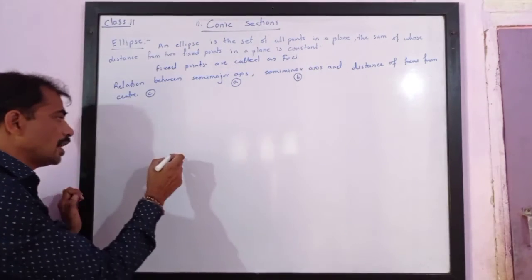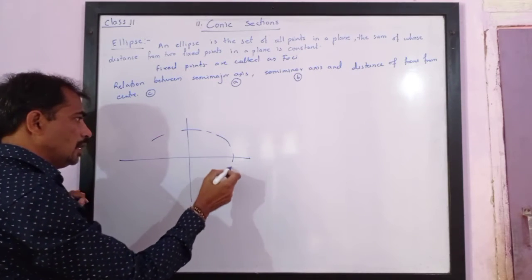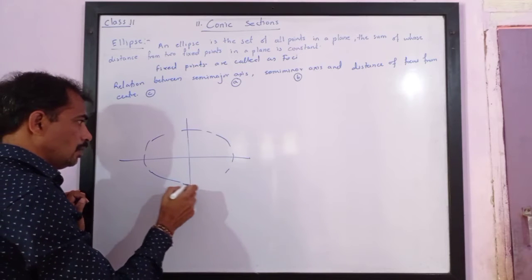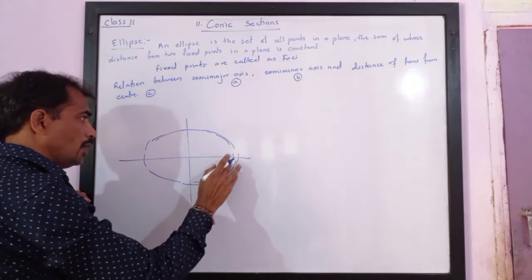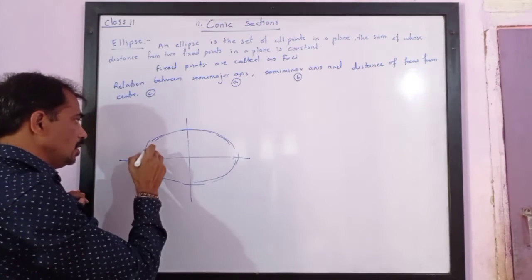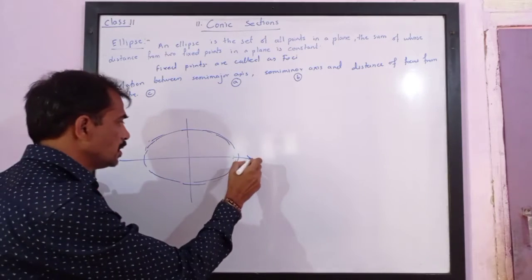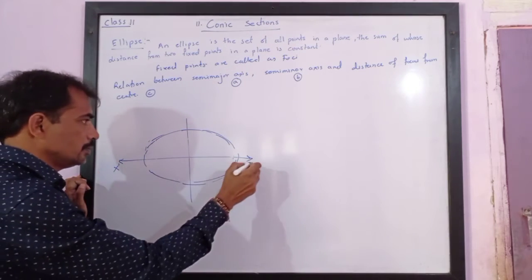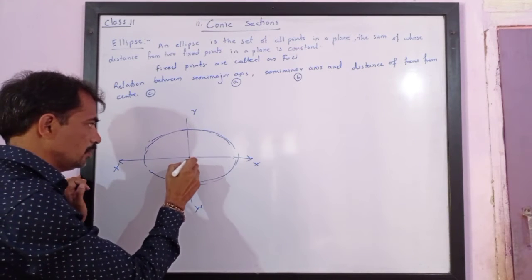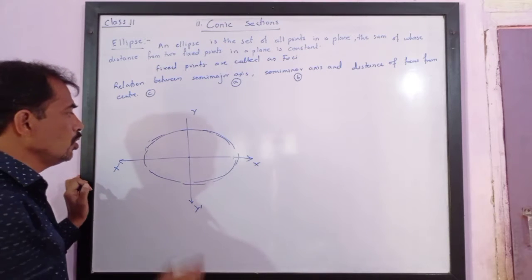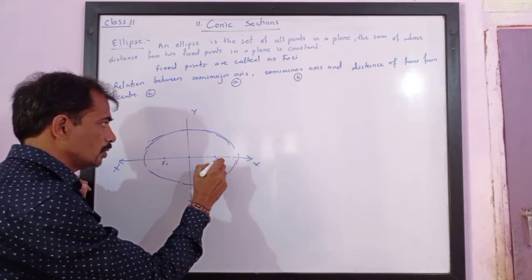So let us try to understand. For this I will draw one ellipse. We have taken the ellipse at origin, easy form of the ellipse. This is the x-axis, this is the y-axis, this is the origin. So the foci are here, F1 and F2.